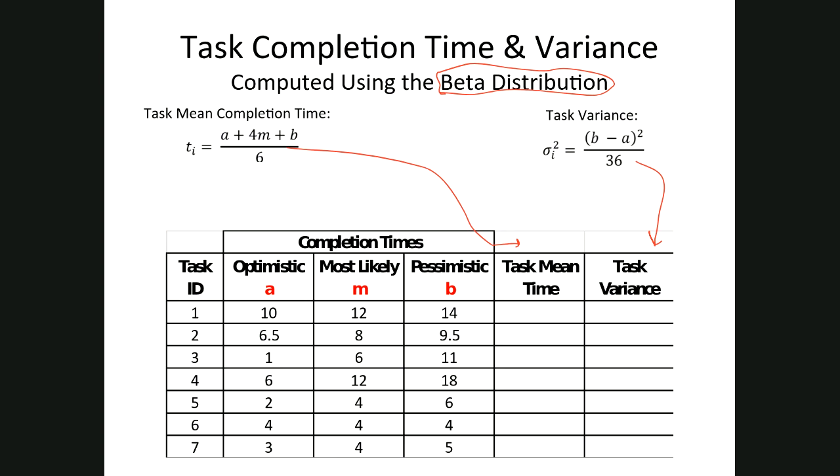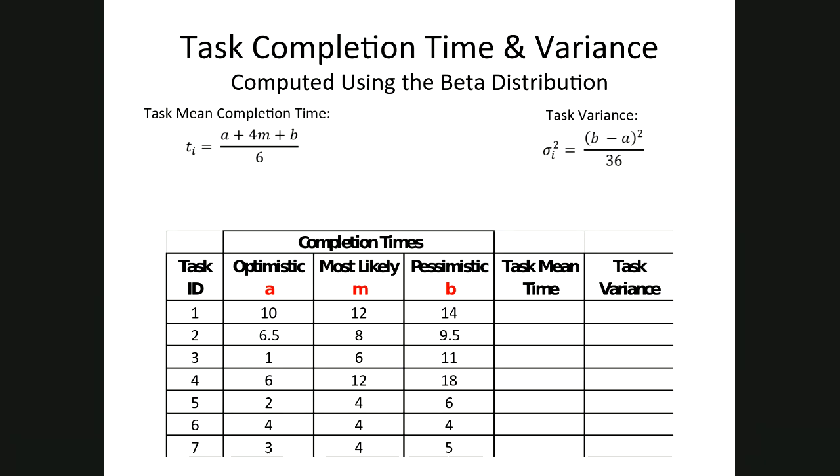Okay, so I'm going to do one example, and then I'll leave it to you to do the others. So let's see how this works. Let's just pick a task that's on the critical path. Let's pick task 4 as our example.